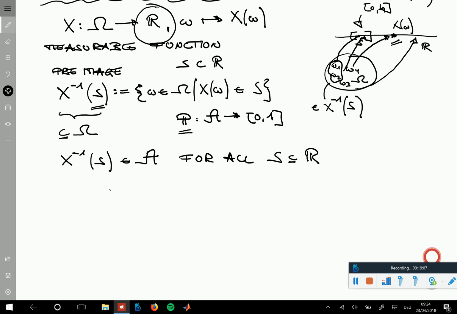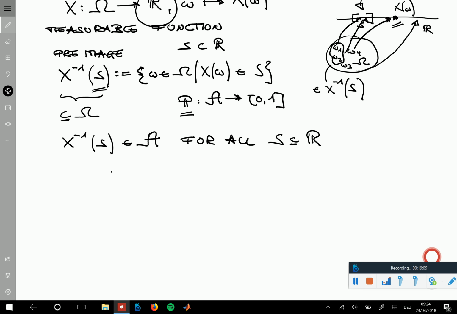So that was a little bit fiddly, but now, because we have measurable functions, for all S which are subsets of our space where the random variable maps to, we can define the following, and this is now really important. We can define what is known as the distribution of a random variable. Sounds very familiar, the term.